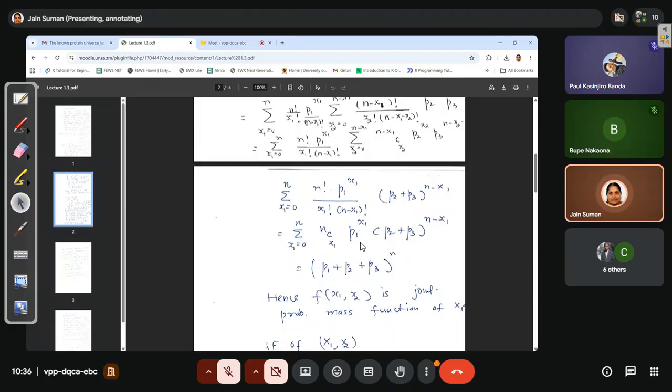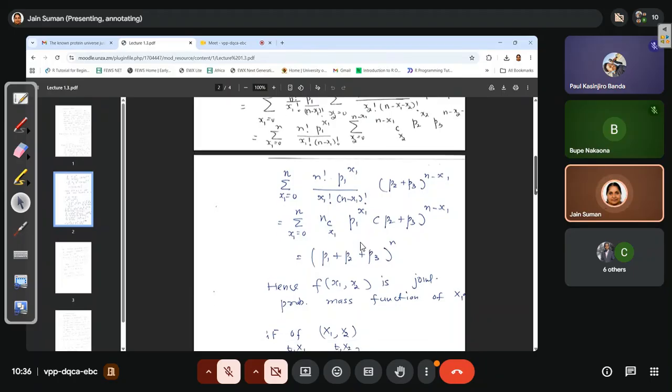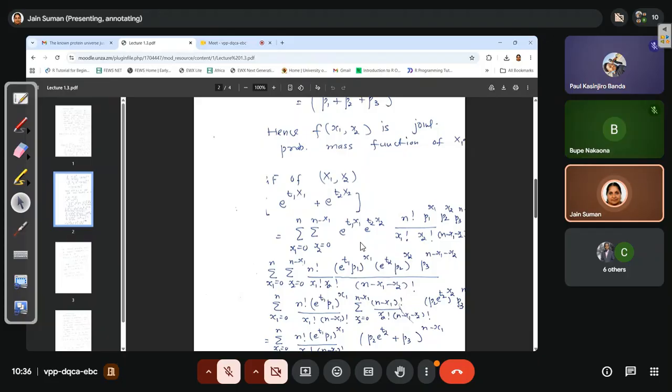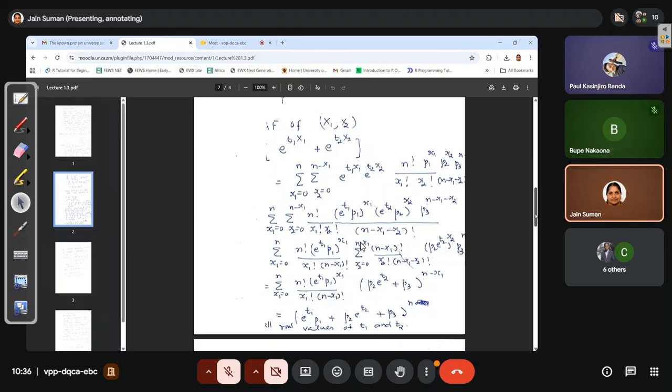In this case, it will be P2 e to the t2 plus P3 to the power of n minus x1. So it is the same working, just that these terms are slightly different. So this is P2 e to the t2 plus P3 to the power of, the same step that we did earlier as well. So you need to revise the binomial as well.